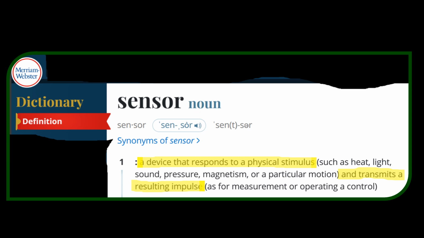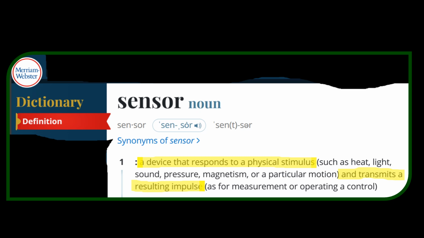Here is a screenshot from the Merriam-Webster dictionary that defines a sensor as a device that responds to a physical stimulus, which could be heat, light, or sound, or any other stimulus, and that stimulus triggers a signal and that signal is transmitted.